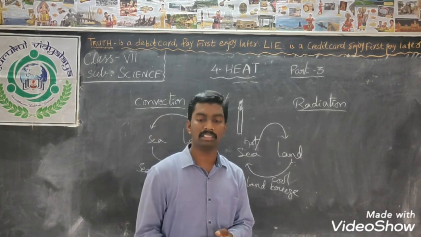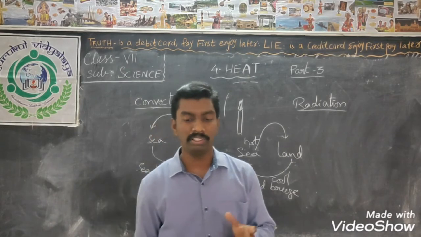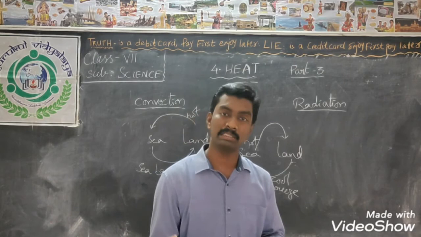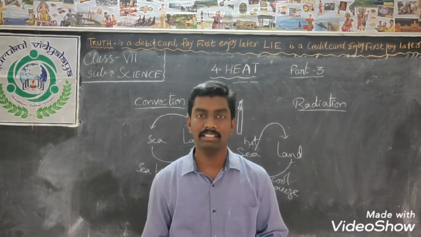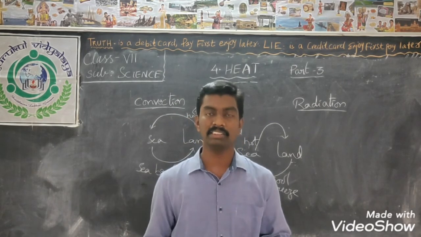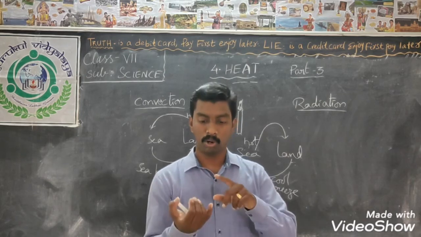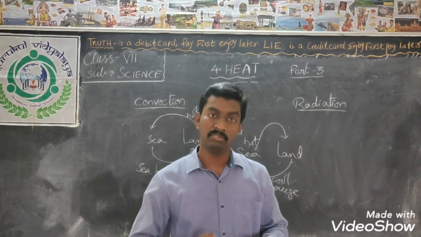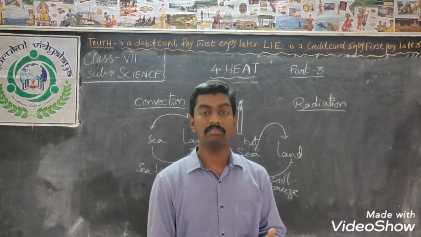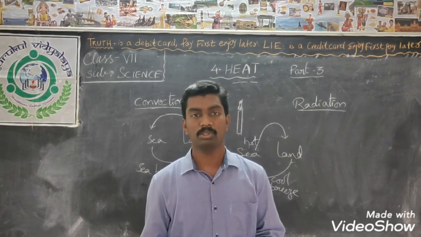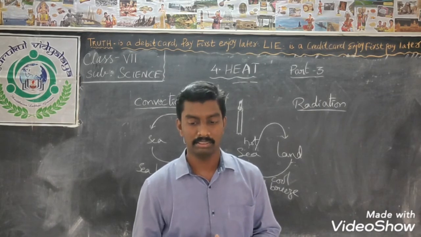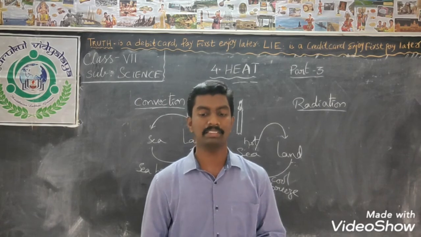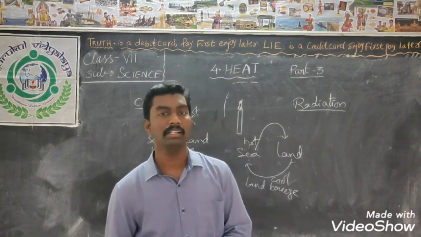When this heat falls on some object, a part of it is reflected, a part of it is absorbed, and a part may be transmitted. So on every body, if heat radiation takes place, some part will be absorbed, or reflected, or transmitted. That is what we have to understand here. The temperature of the object increases due to the absorbed part of the heat.